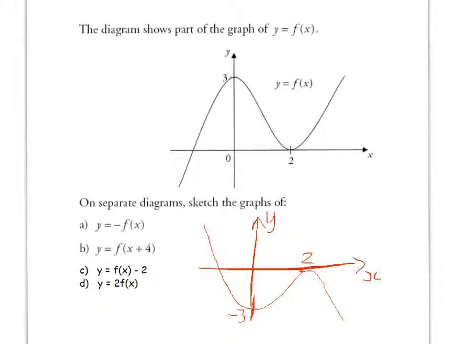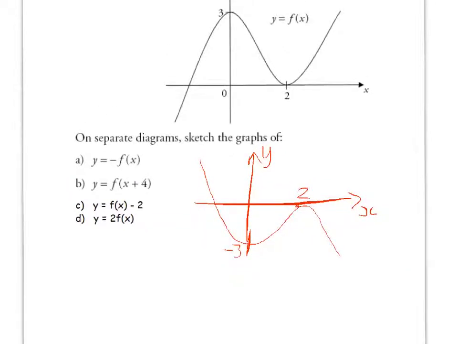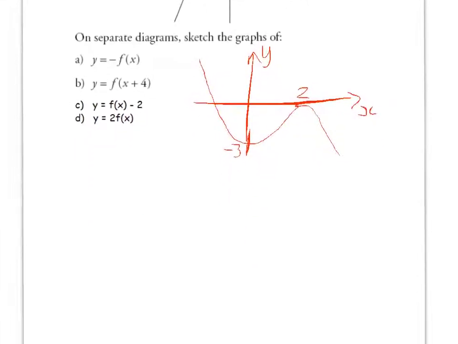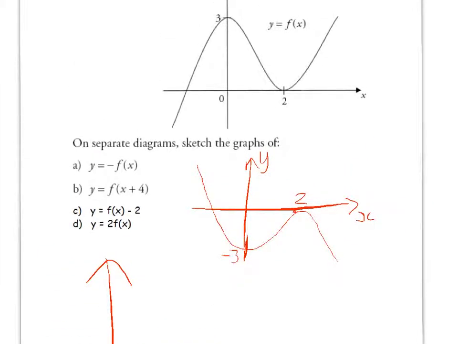Right, next one. It says f of x plus 4. Now remember, because it's plus 4, it moves 4 places to the left. Now, our new diagram is going to be something along the lines of this. Now, we no longer know where it's going to cross the y-axis because it's moved away 4 places.